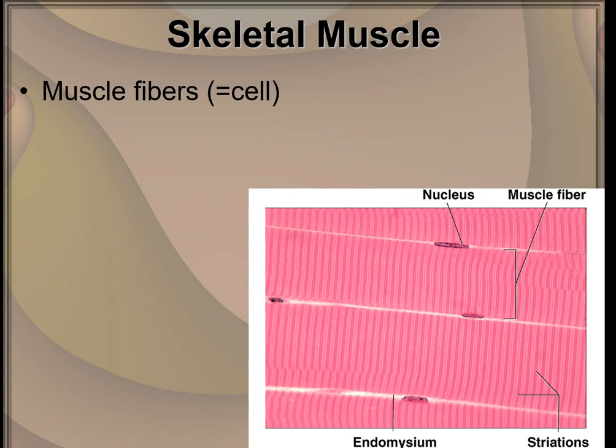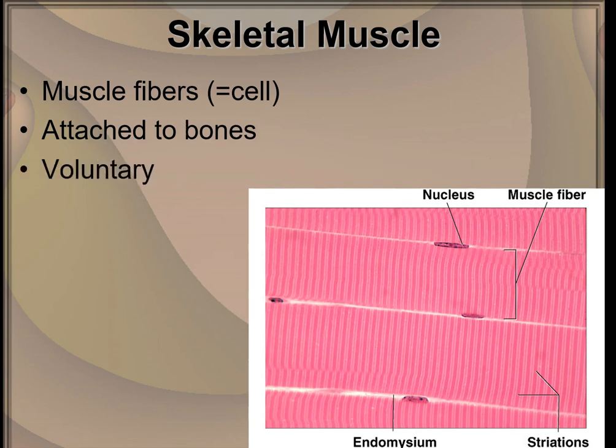Skeletal muscle attaches primarily to bone, you already told me that, but then can attach to the dermis in the face. Okay, you guys are worried about your practical, aren't you? So attaches to bones, can attach to the face. Skeletal muscle is voluntary. What's that mean? You have control of it, okay?